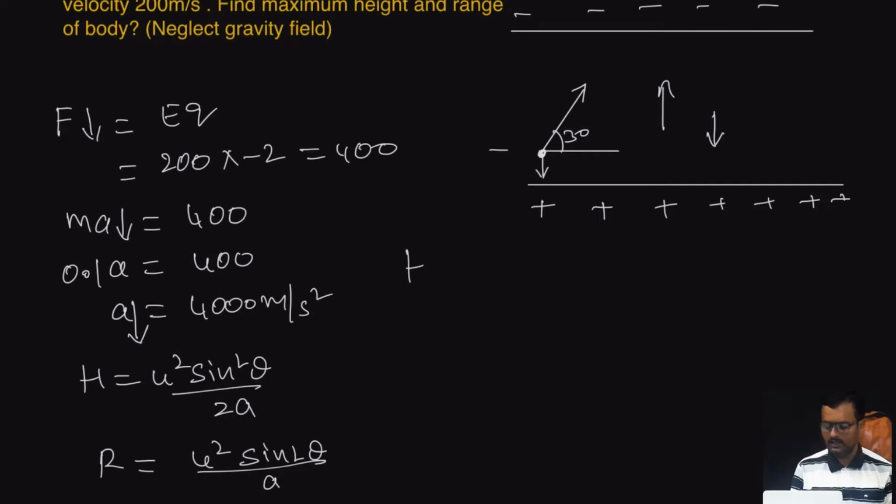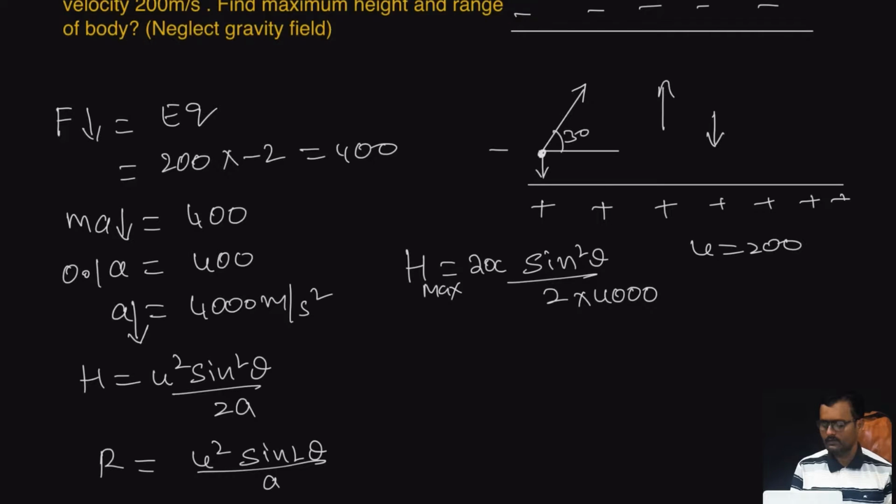First calculate the maximum height, which is u square sine square theta by 2a. Here A is 4000 and u is given as 200, so u square is 200 square. Theta is 30, and sin 30 is 1 by 2, so 1 by 2 whole square is 1 by 4. 200 square is 200 into 200.